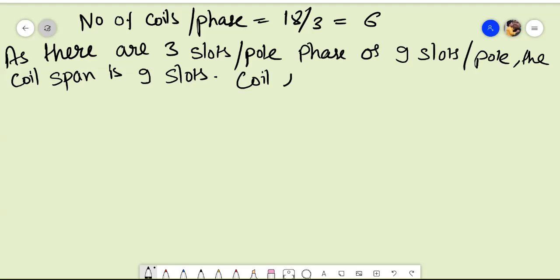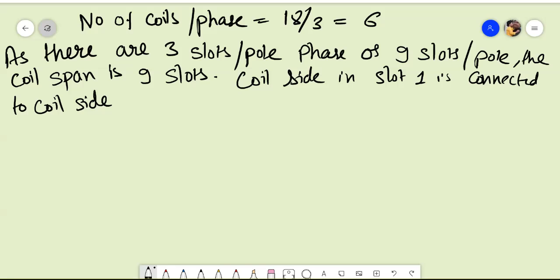Coil side in slot 1 is connected to coil side 1 plus 9, that is equal to 10, in slot 10.